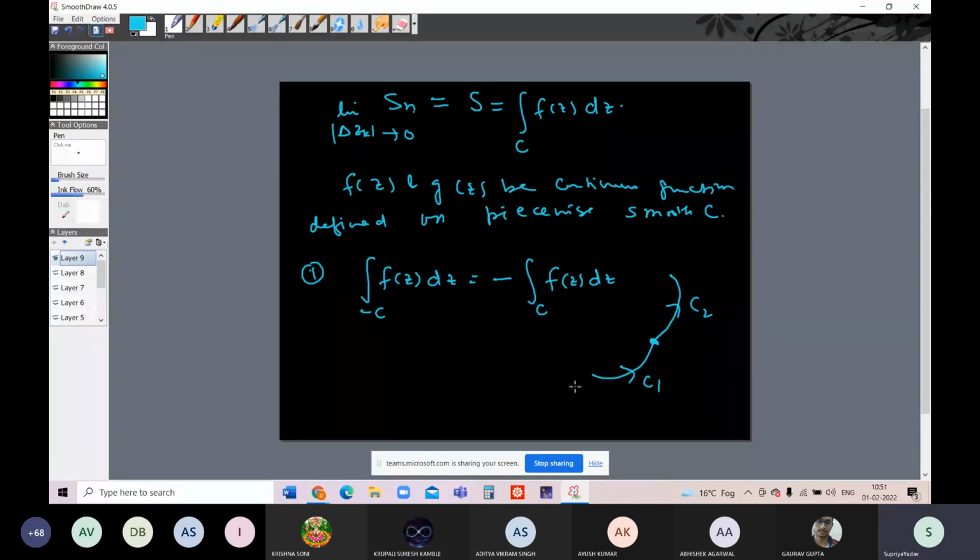So how will we find the line integral? In that case, the integral of f(z) dz must be the integration along C1 plus the integration along C2.